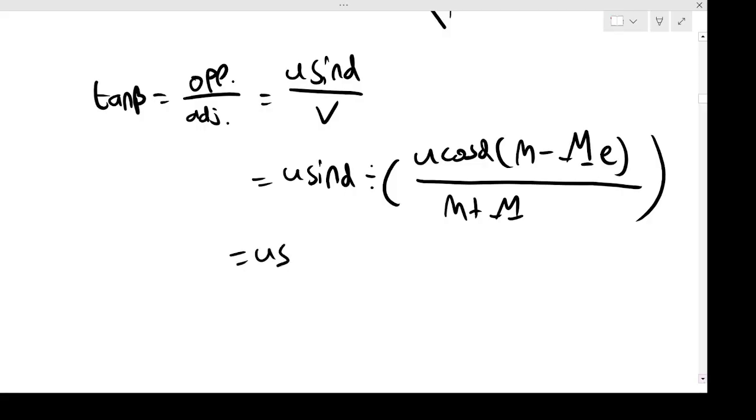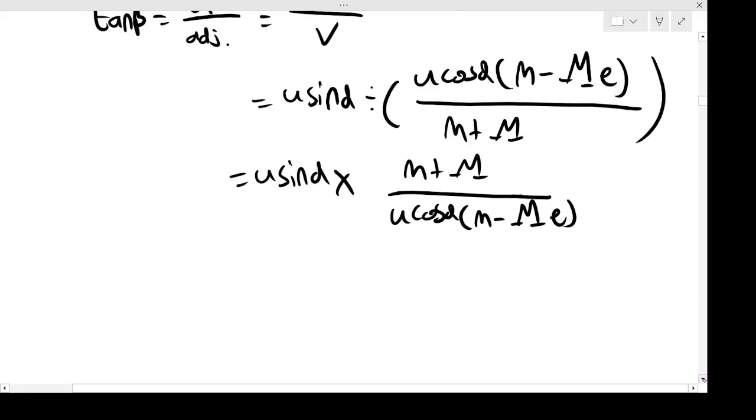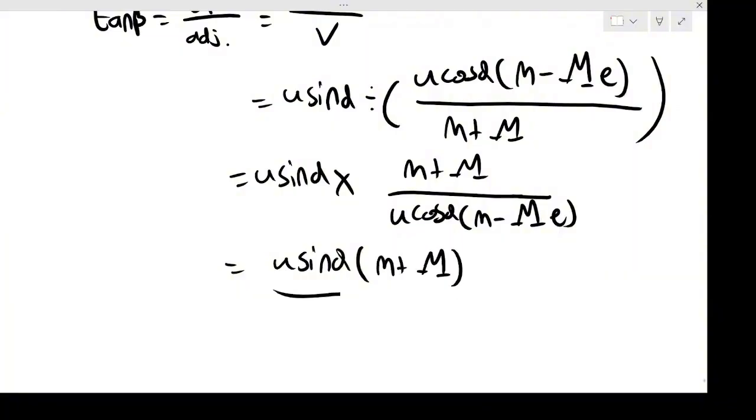So I'm going to do U sine alpha times, then I'm going to flip the fraction. So I'm going to get (m plus big M) over U cos alpha of (m minus eM). Okay, and so then if I times across, I get U sine alpha, lots of (m plus big M) over U cos alpha of (m minus eM).